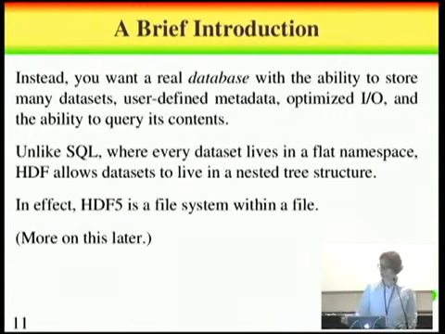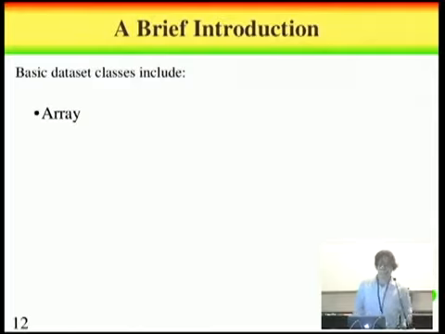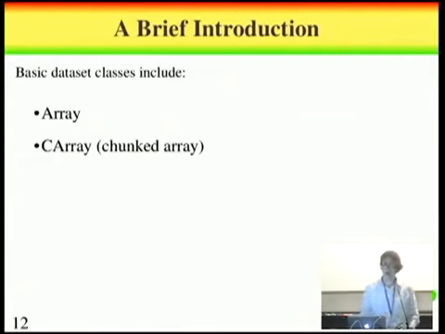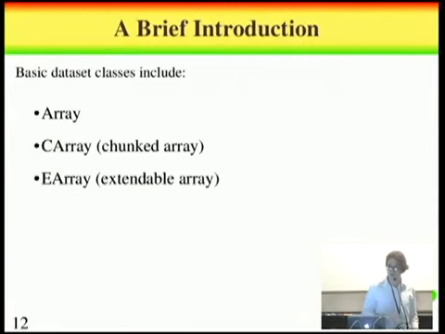Okay, so that said, what sort of data sets are available in HDF5? The absolute most basic data set that you could possibly care about is equivalent to the NumPy array, but on disk. There's an array class. On top of that, there's a thing called a chunked array; we'll get into what chunky means. There's also an extendable array, which can be added to infinitely along any dimension.